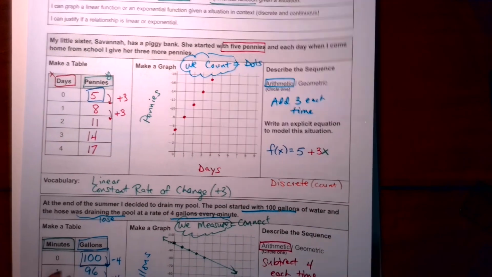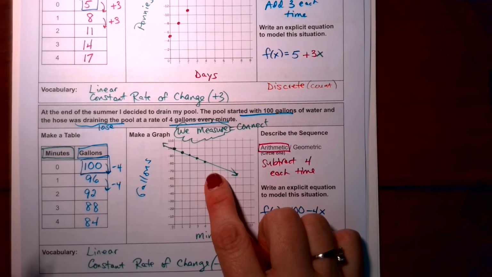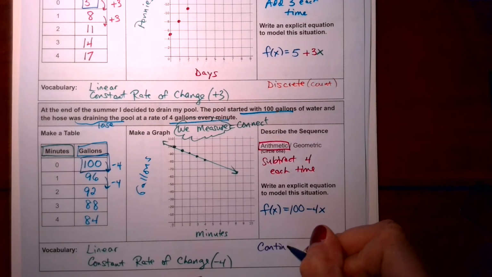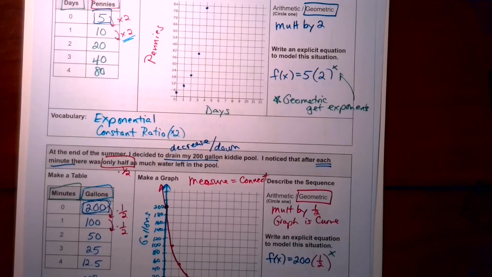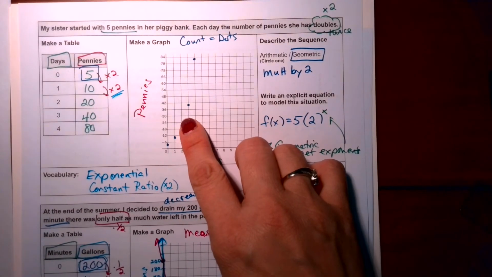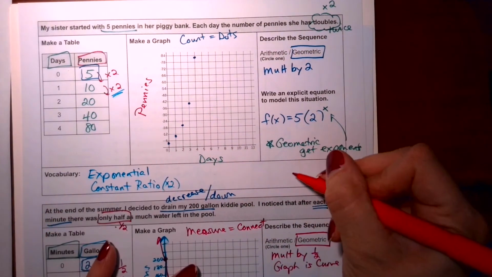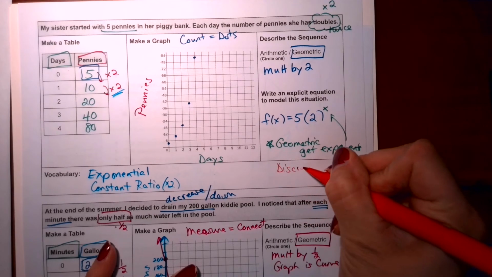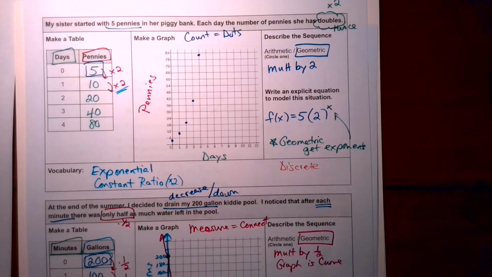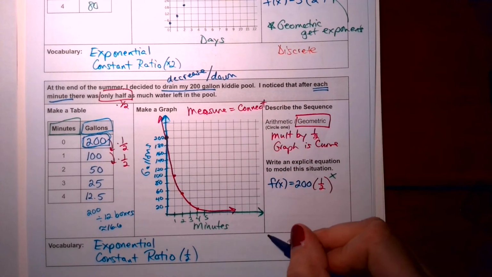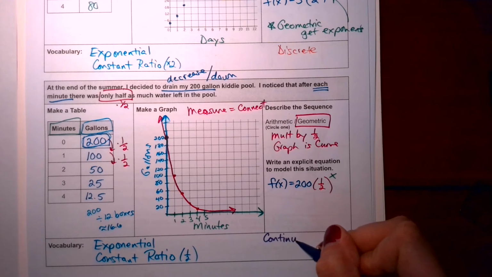Is this one here discrete or continuous? Since it's connected, we're going to call it continuous. Example 3. Was example 3 discrete or continuous? Since it's dots, we're going to call it discrete. And example 4 right here, since it was connected, we call it continuous.